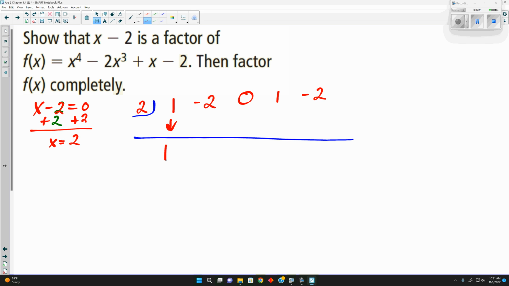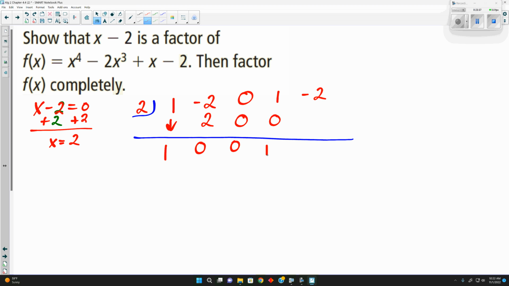Questions on this here? So we do the multiplication again. 2 times 1 is 2. Negative 2 plus 2 is 0. 2 times 0 is 0. 0 plus 0 is 0. 2 times 0 is 0. 1 plus 0 is 1.